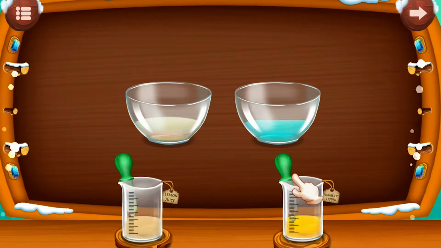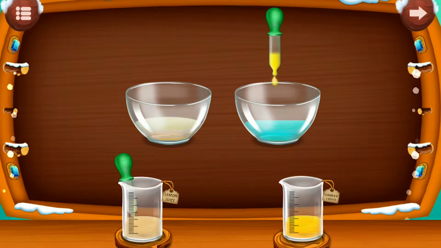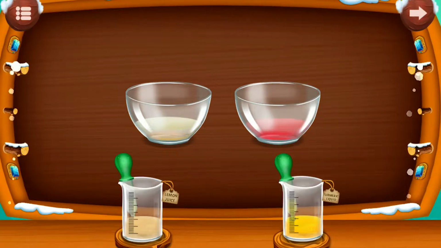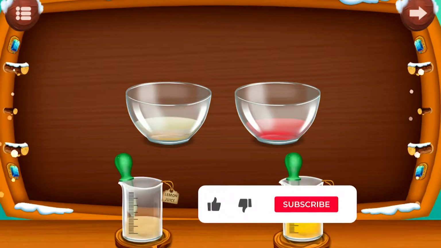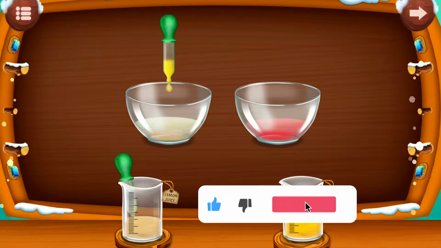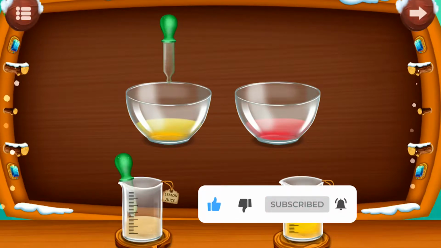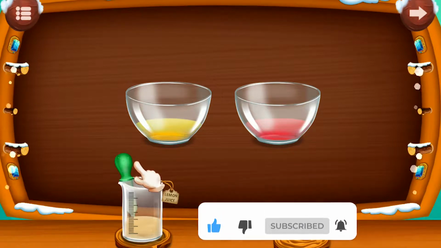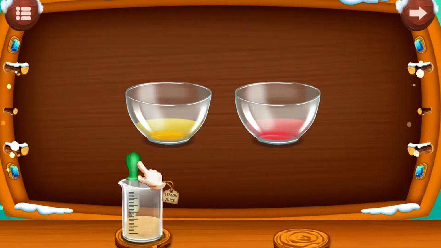Now add few drops of turmeric liquid into soap water. Now add few drops of turmeric liquid into lemon juice. Add some more drops of lemon juice into soap water.